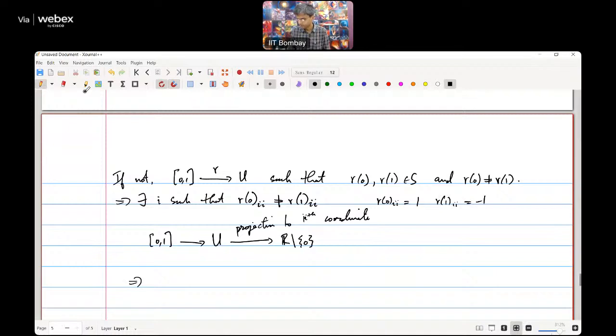So this implies that there is a continuous map from [0, 1] to R minus 0.